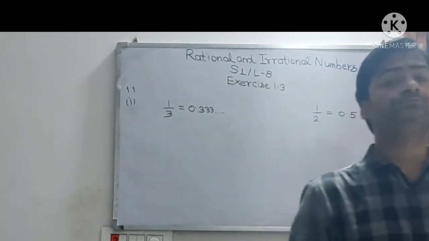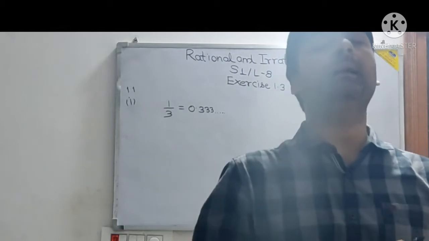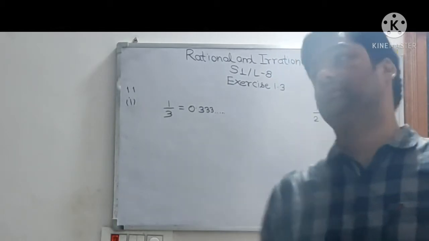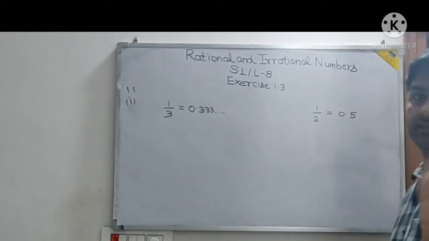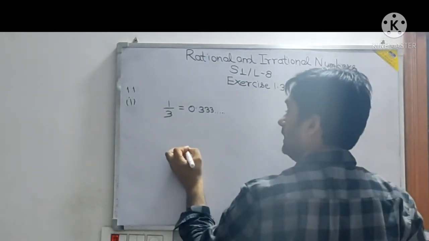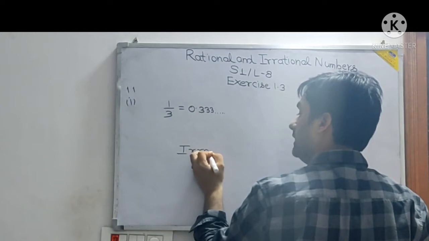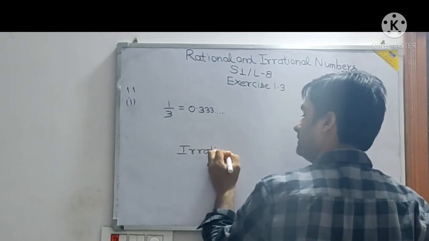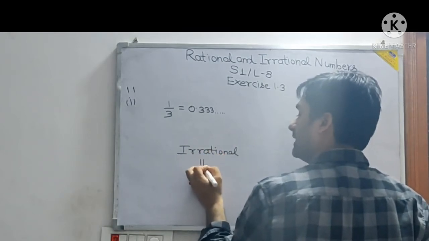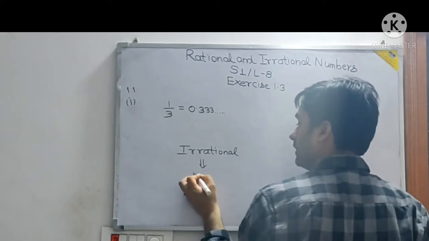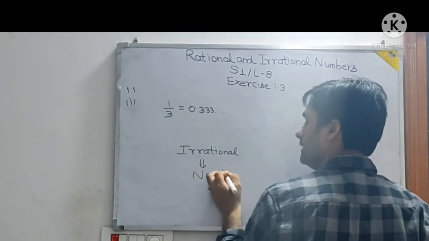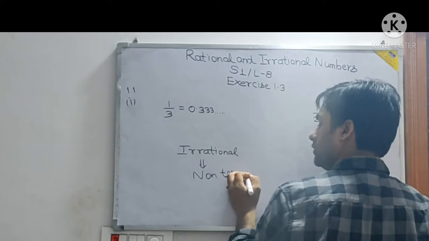Now see, you have seen a pattern for irrational numbers. Don't write this, but only understand what I am writing now. Irrational numbers should be what? If the number is irrational, which type of decimal expansion does it have?